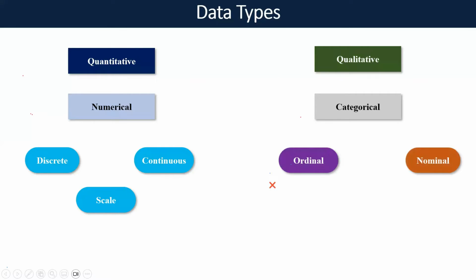For this categorical data, we have two categories of data based on this. We have ordinal data and we also have nominal data. Sometimes categorical data, even though in the format of text, can have hierarchy in it.